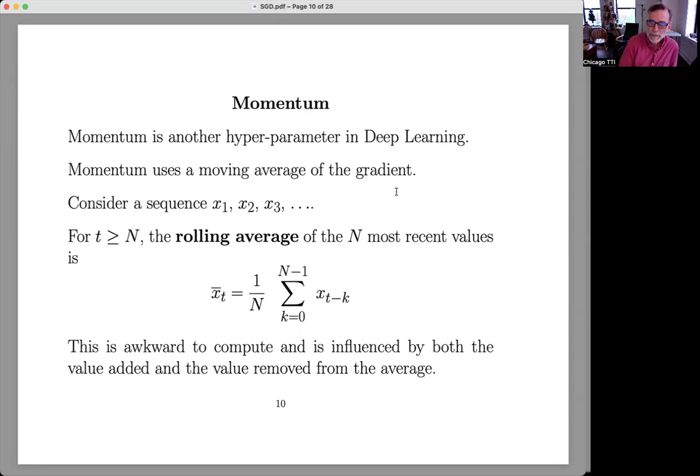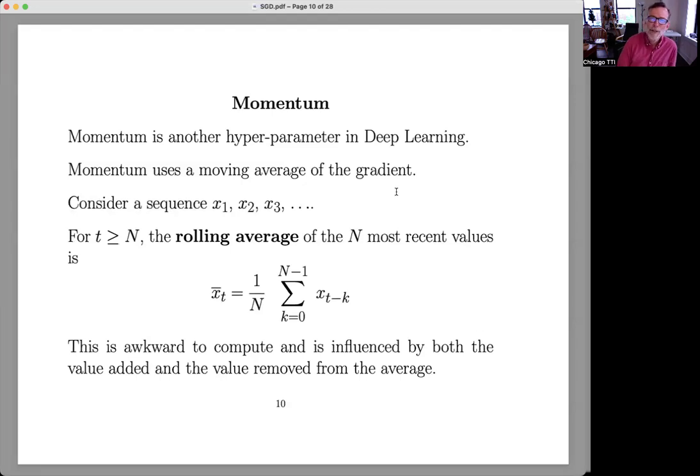Okay. So now what I'm going to do is talk about variations on the simplest form of SGD, more complex forms of SGD. And the first thing I'm going to talk about is momentum. Momentum introduces another hyperparameter into an SGD algorithm.